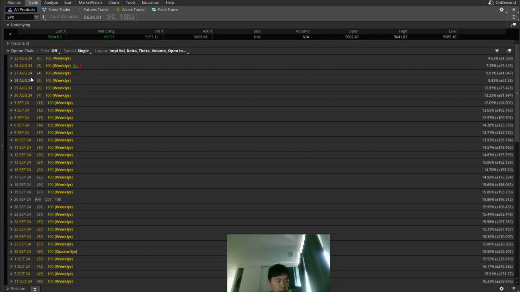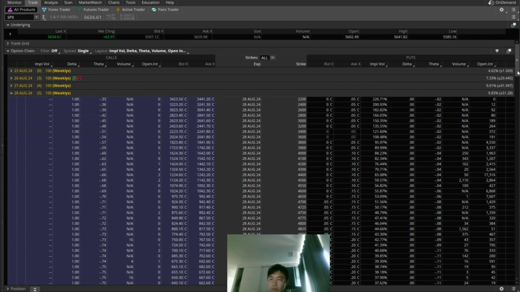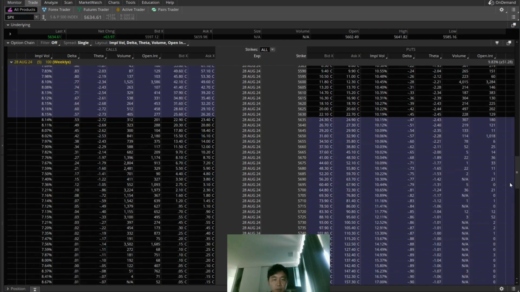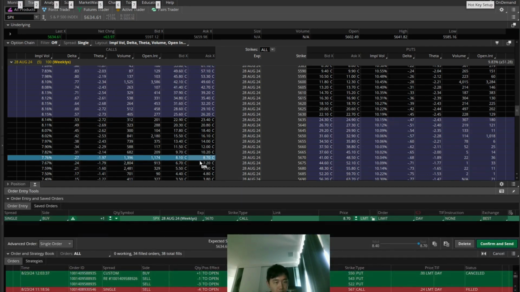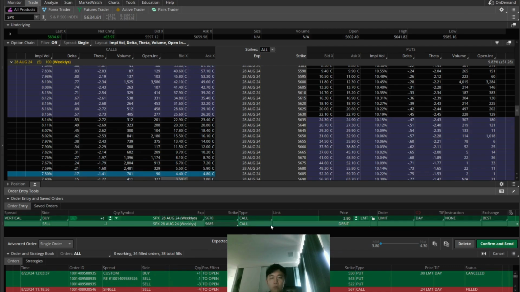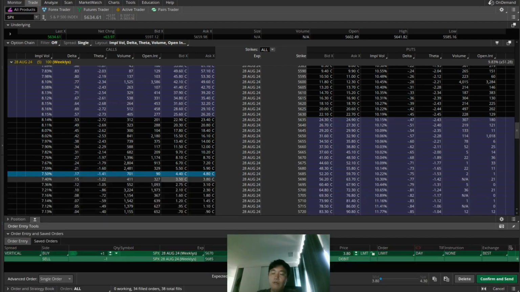Well, we can simply do this by, say we want something that is 5 days to expiration. We can get something that's 10.1 delta. So that's only $380 to express what is basically the instantaneous equivalent of $56,000 of SPY.